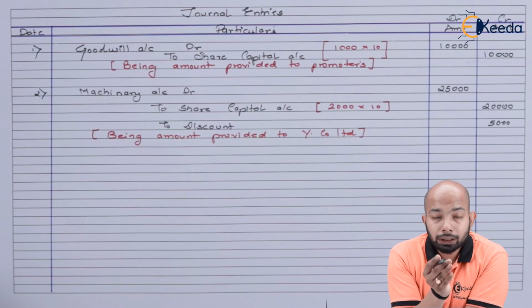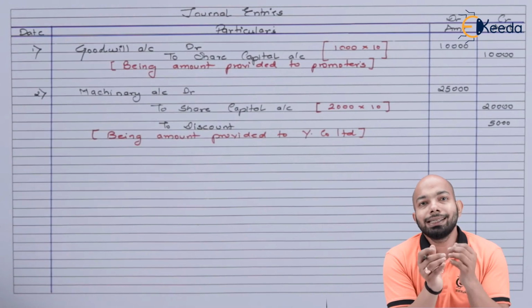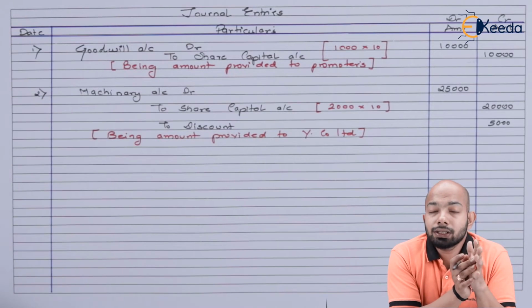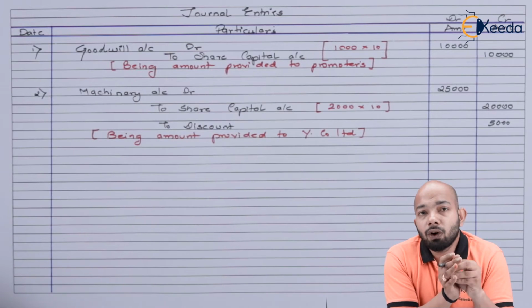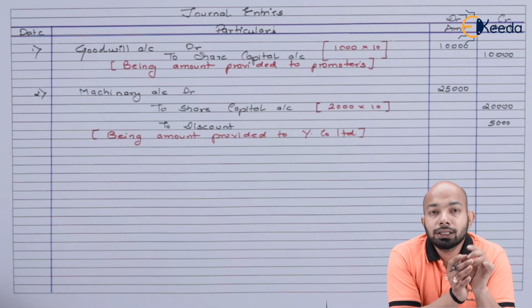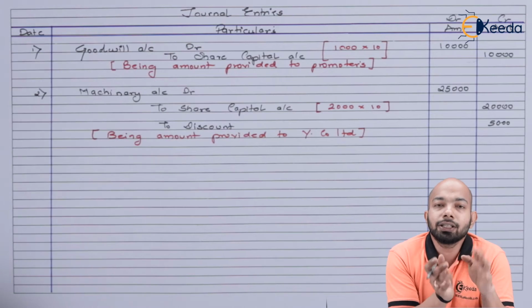Also, to give you certain details about these two entries that we have passed, these are clubbed entries. The reason why I've passed clubbed entries is so that you can understand how the short form of entries can be mentioned. Ideally, the machine has been purchased from Y Limited company, so the entry will be machine account debited to Y Limited company, and then the next entry will come as issuing of shares.